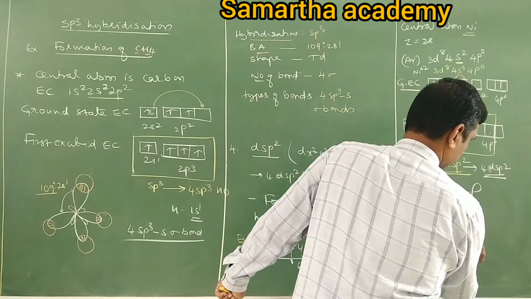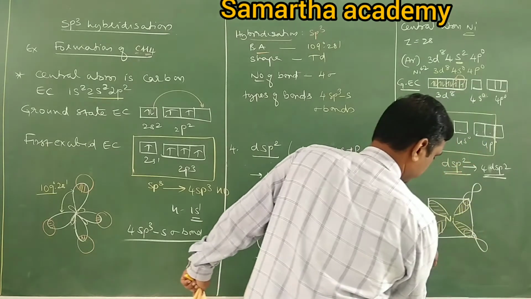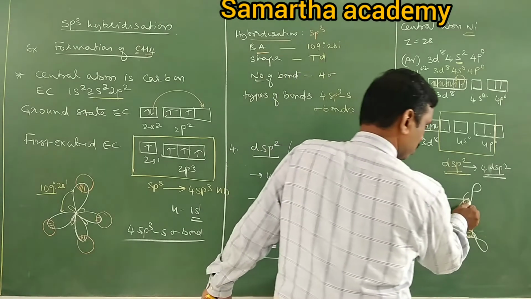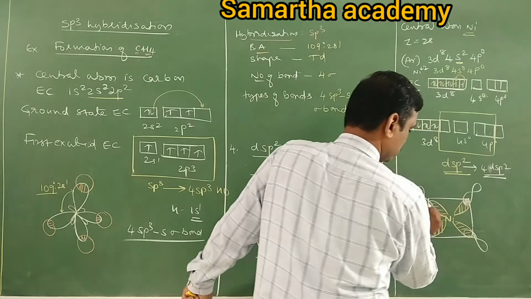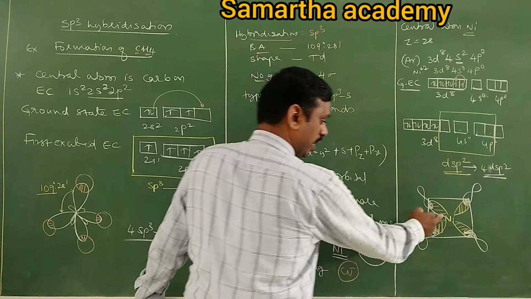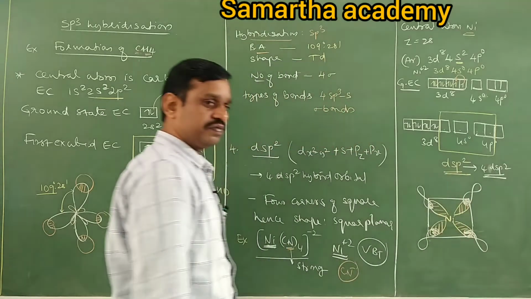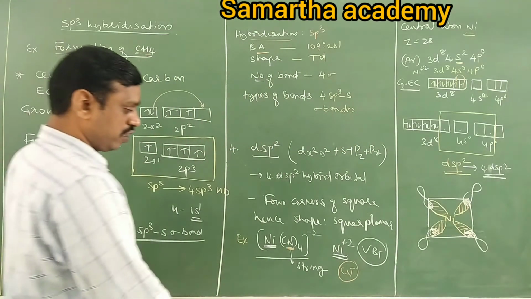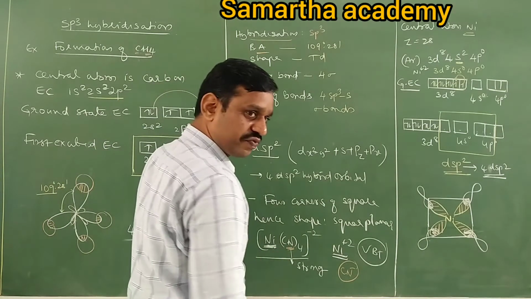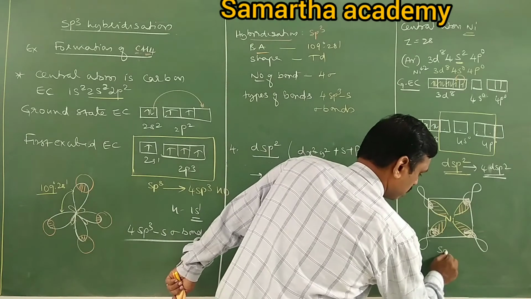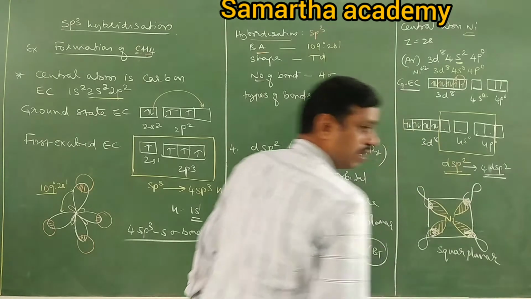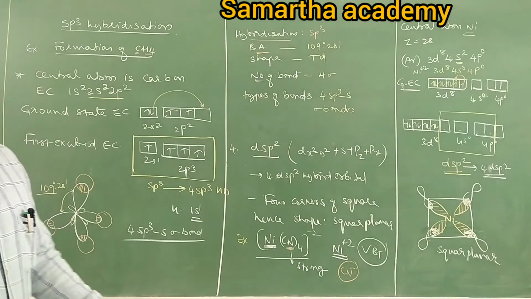The filled orbitals of CN overlap with the vacant hybrid orbitals of nickel, like this. We study this in detail in coordination compounds. So what is the geometry of nickel tetracyanide? It is square planar. What is the hybridization? dsp2.